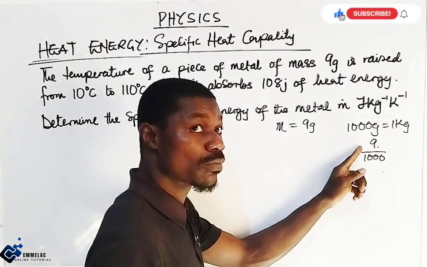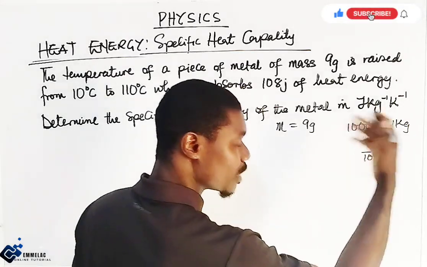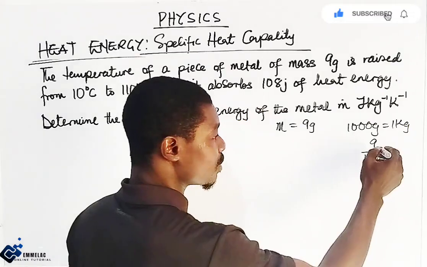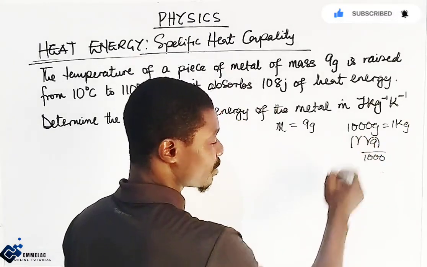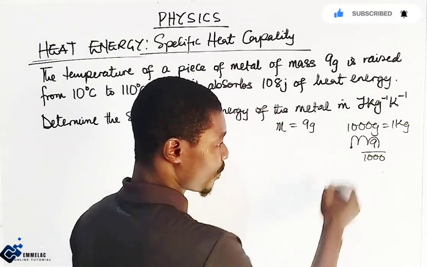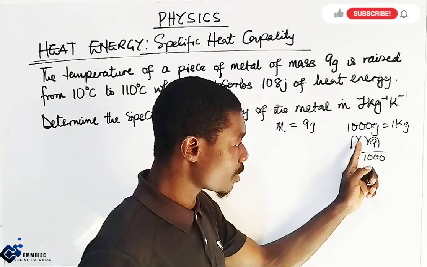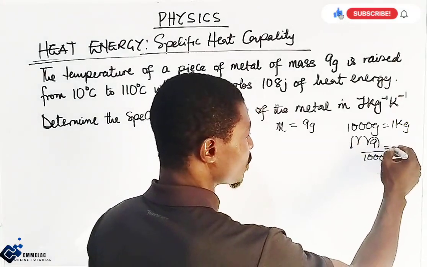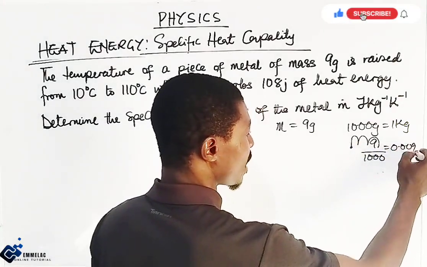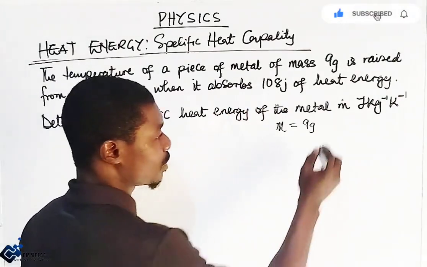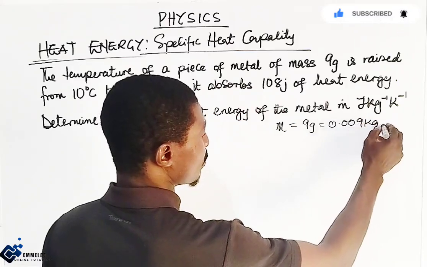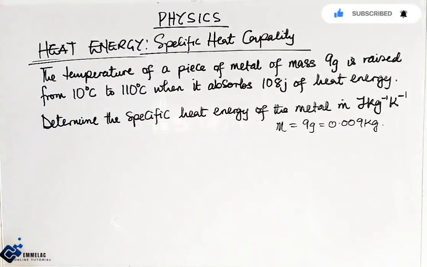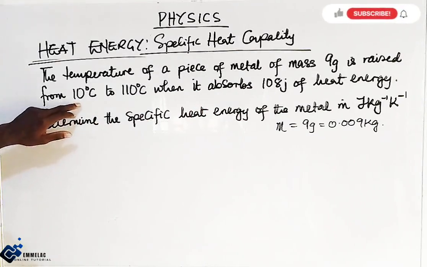Since it's a whole number, your decimal is actually after the number. So you count 1, 2, and 3 gaps. So that will be 0.009 kilogram.